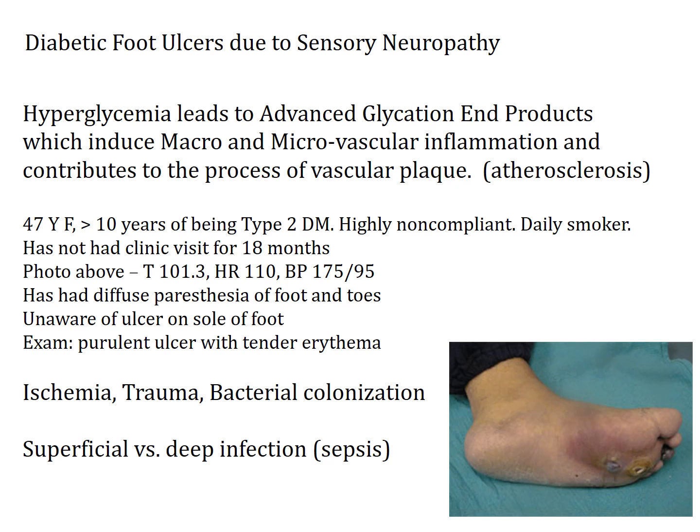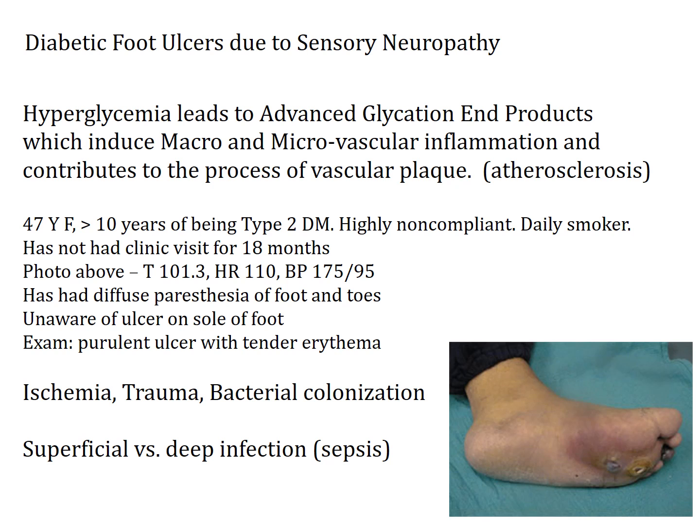And then they become unaware of localized trauma. Becoming unaware of localized trauma allows the initial skin breakdown to progress. And a combination of ischemic injury due to vascular disease and bacterial colonization leads to what can be very profound foot ulcers.